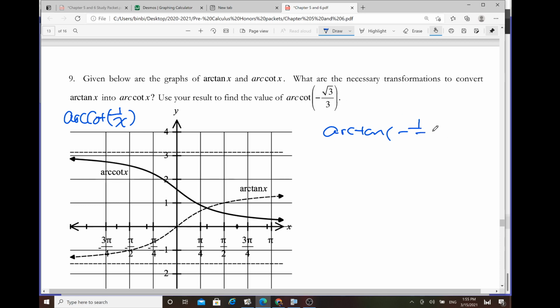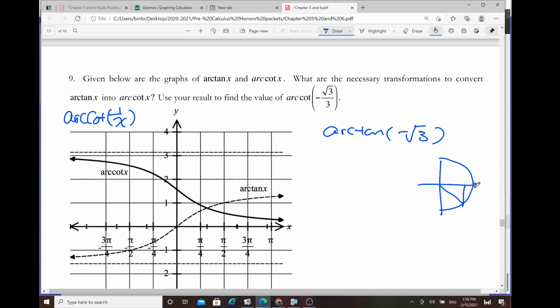So then that would be arc tangent of negative root 3. So the inverse restricted range of tangent is from negative pi over 2 to pi over 2. So this one is going to be right here in quadrant 4, so definitely it's going to be a negative radian.